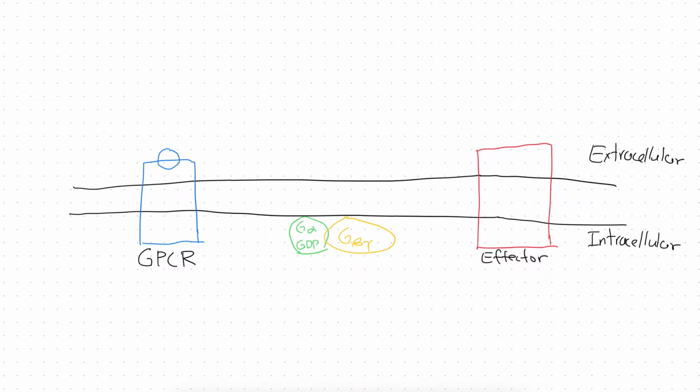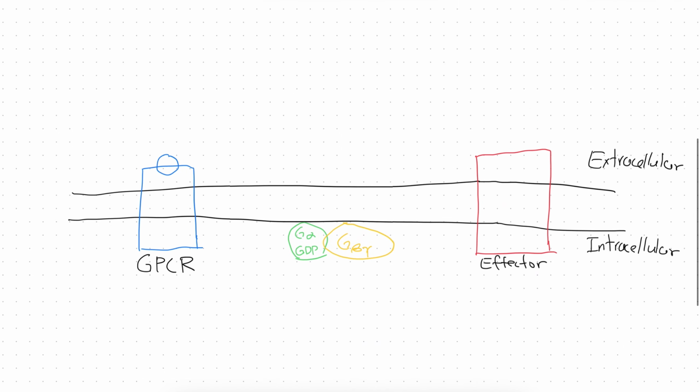And this changing shape is gonna activate the receptor on the inside of the cell. So now it's activating the receptor on the inside of the cell. Okay, so this is activated. The receptor inside is activated.